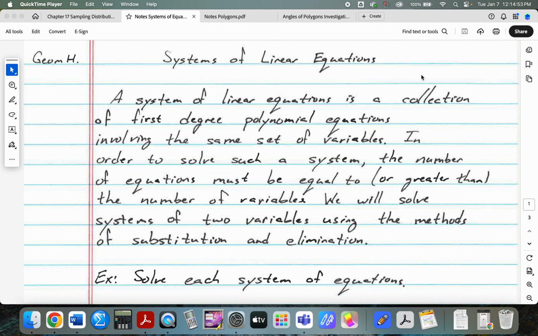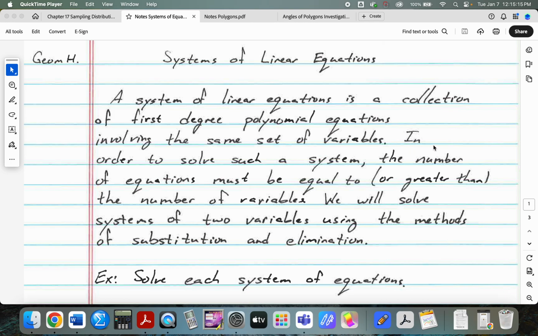Well, it's a collection of first-degree polynomial equations. That means that the exponent can be at most 1. That's the degree. No x squareds, no y cubes, none of that kind of stuff. Involving the same set of variables.